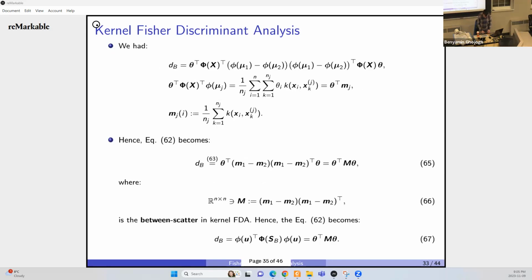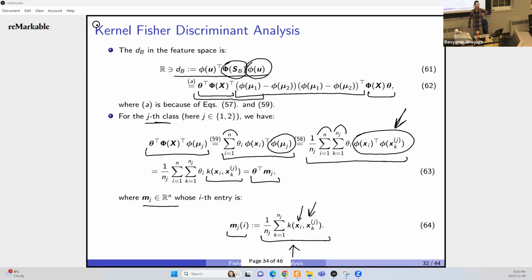And it is n-dimensional. By the way, before kernelization, most of your variables are d-dimensional, right? After kernelization, most of your variables become n-dimensional, where n is the number of points. I think it's obvious because kernel is usually the matrix of n by n. So before kernelization, usually you just deal with d-dimensional vectors.